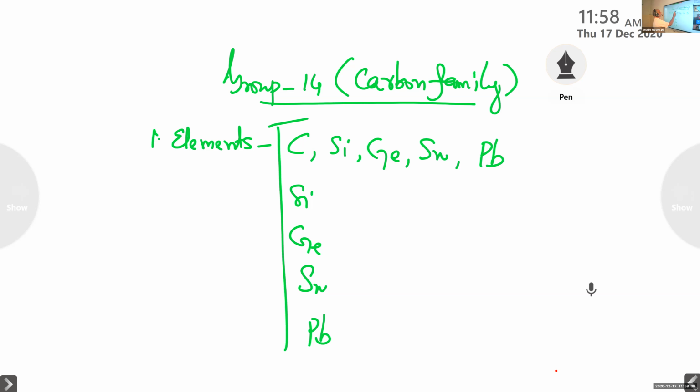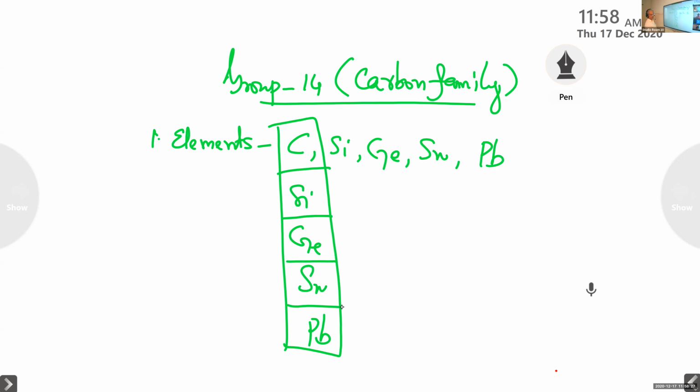Down the group, it is like this: carbon, silicon, germanium, tin and lead. These are the elements present in group 14. The first member is carbon, and so it is known as the carbon family.